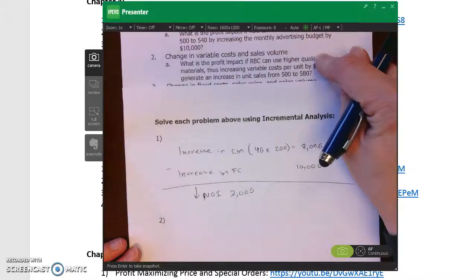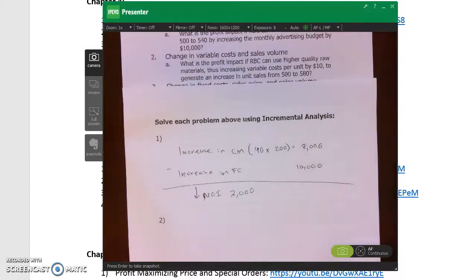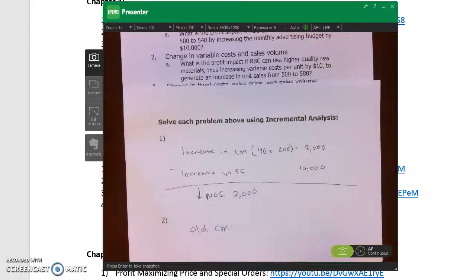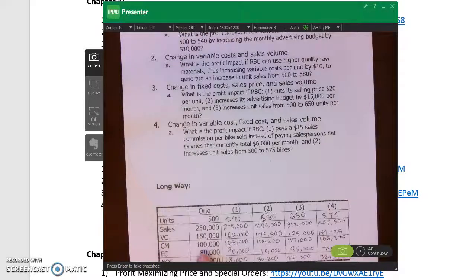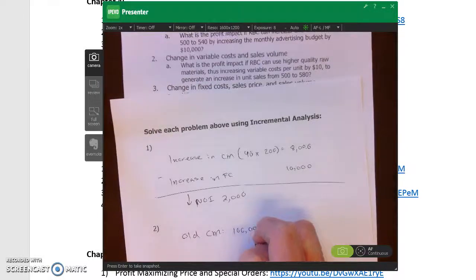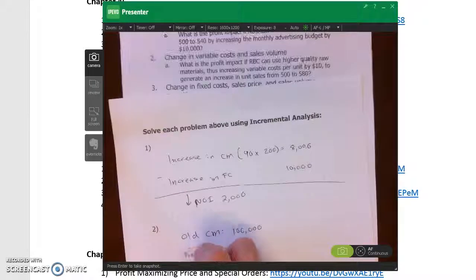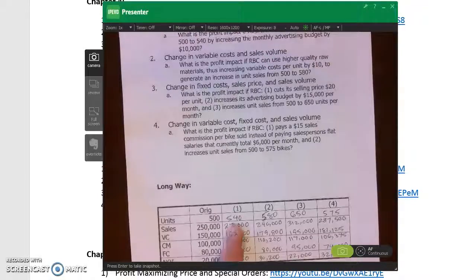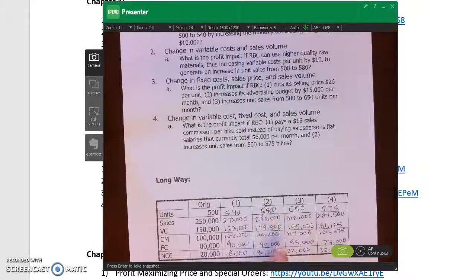We use higher quality raw materials, which increases variable expenses per unit. So in this case, we have to say our old contribution margin, or original, is $100,000. Our new contribution margin is going to be equal to our 580 units times our new contribution margin per unit.